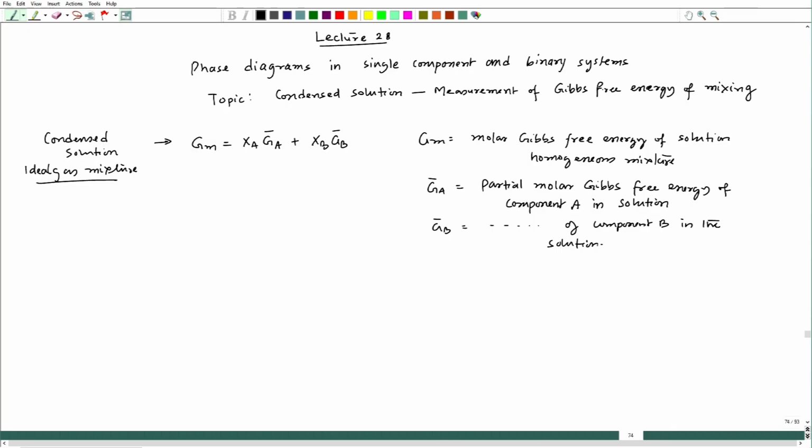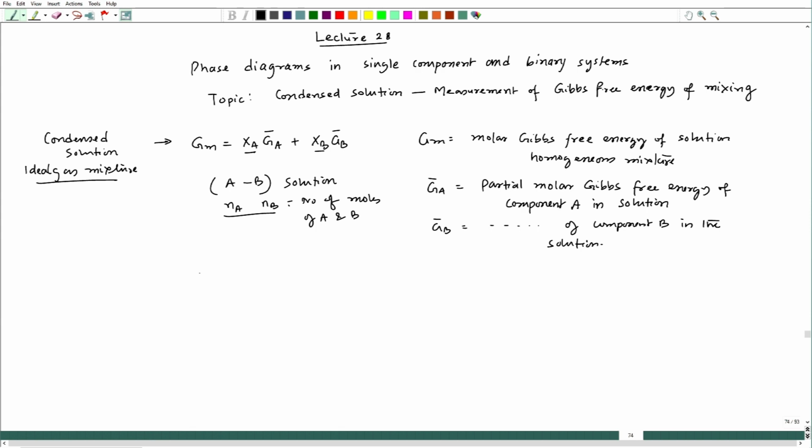This is for an A and B solution, and we started with Na moles of A and Nb moles of B before mixing, and after mixing the total moles will be Na plus Nb, and from there we get Xa and Xb, which are mole fractions.